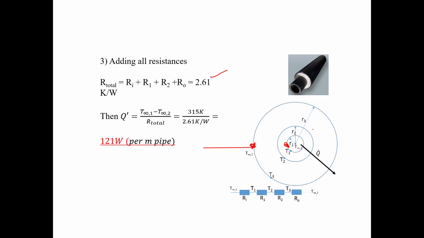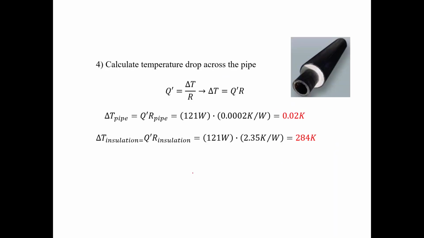Now for the second part, we need to calculate what are the intermediate temperatures, and the easiest way to do this is to look again at the same formulation, that is Q equal to delta T over R, and we can rearrange it in the form of delta T equal to Q times R, that is the resistance of the geometry.